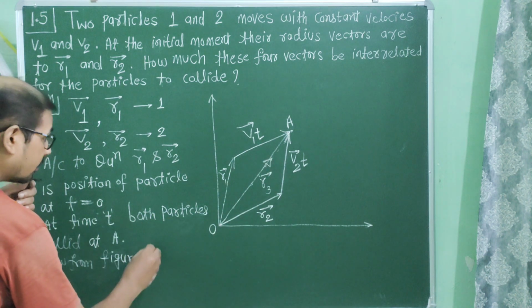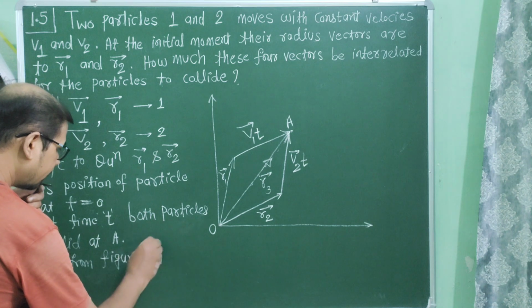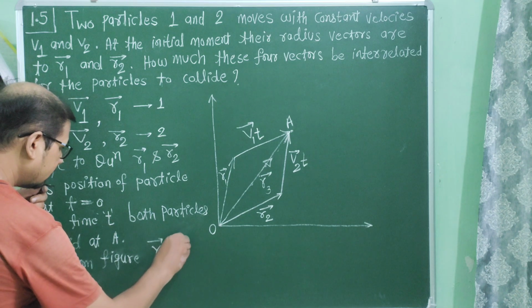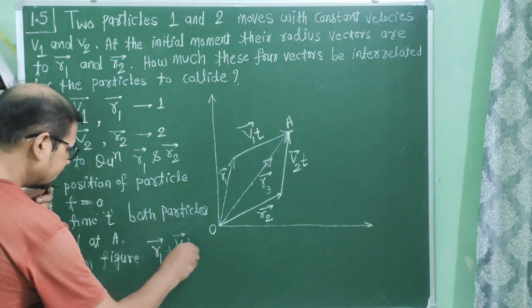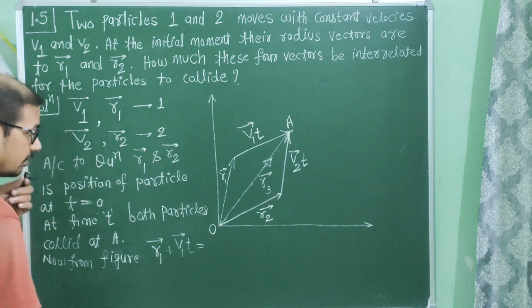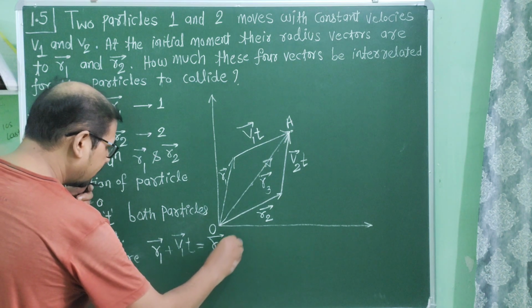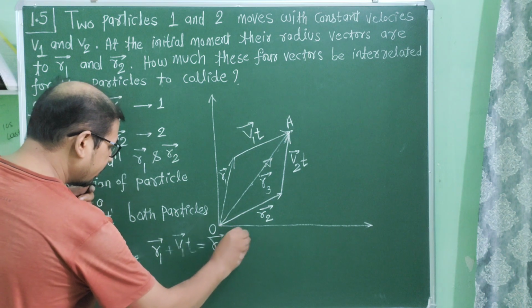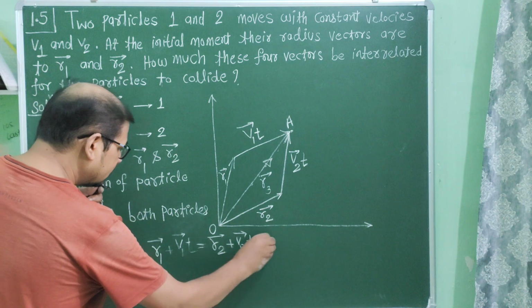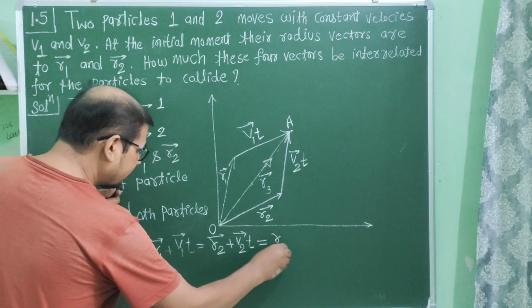So, r1 vector plus v1 vector t equal to R2 vector plus V2 vector t equal to R3 vector.